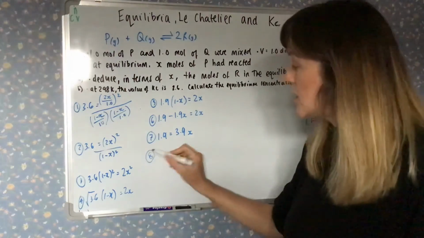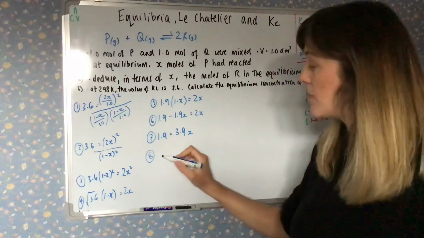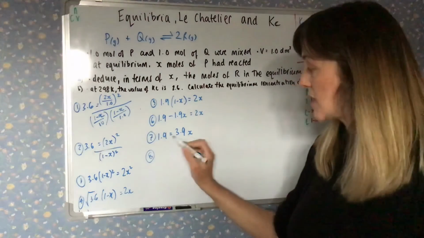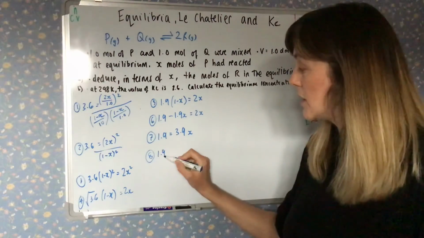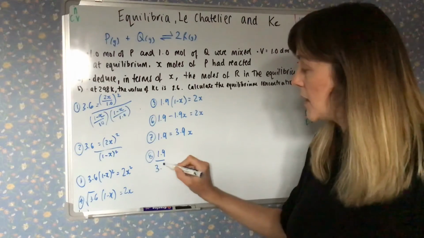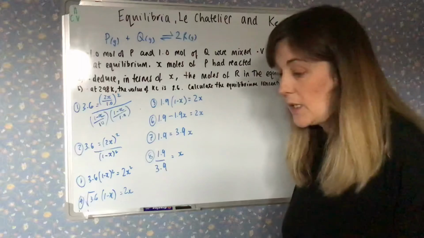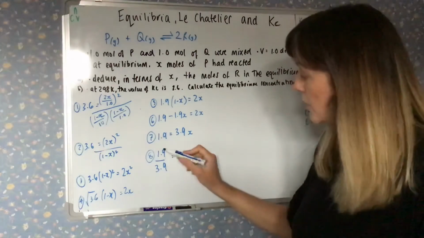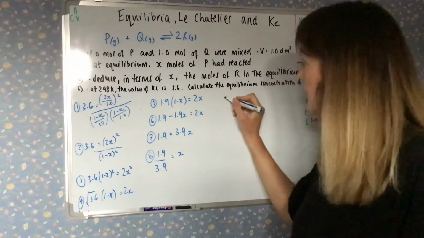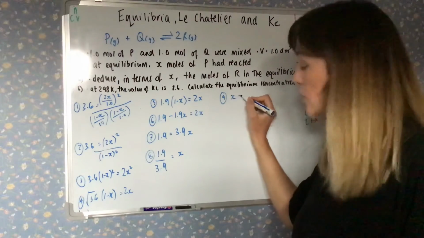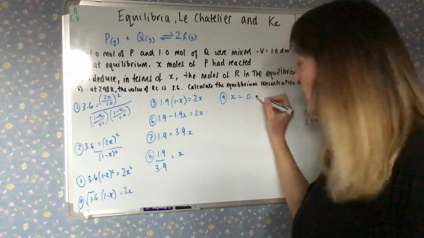So we can do that by dividing both sides by 3.9. So 1.9 divided by 3.9 is equal to x. And then the number I've got for that, 1.9 divided by 3.9, x is equal to 0.49.